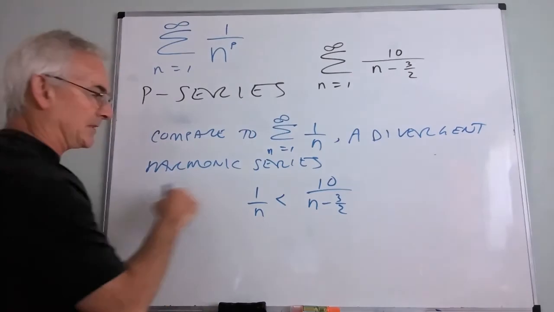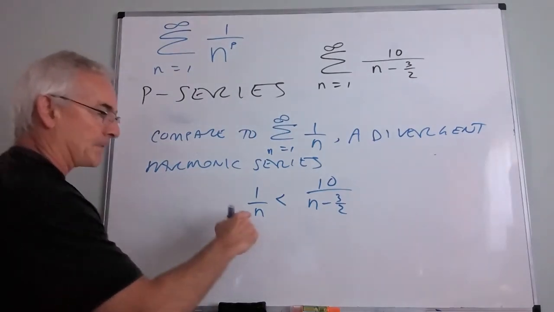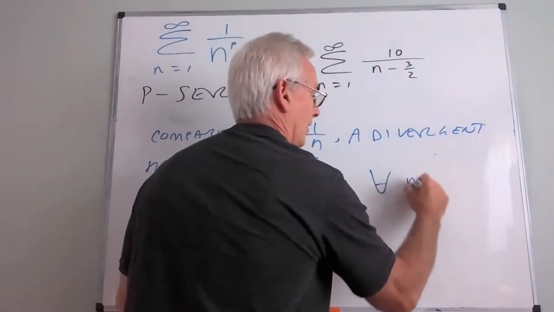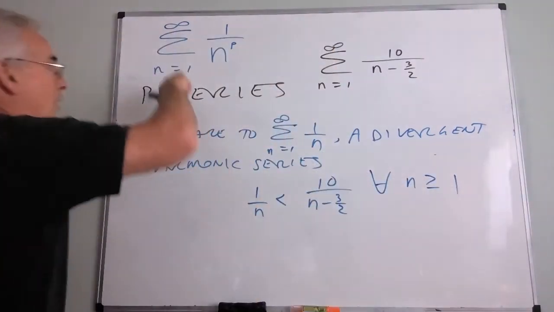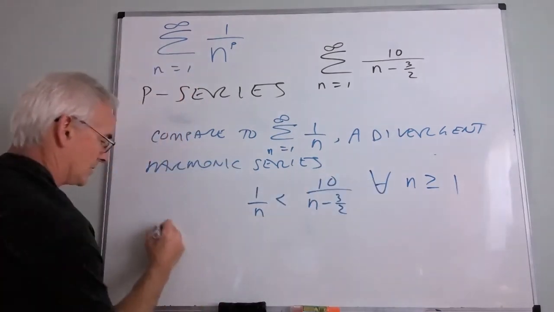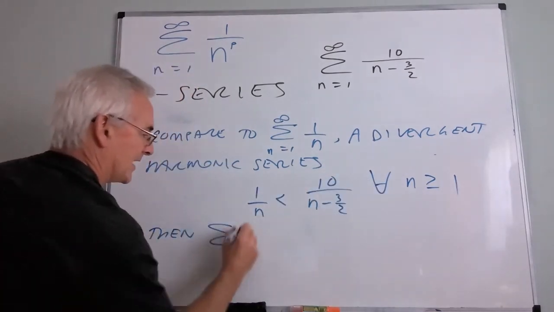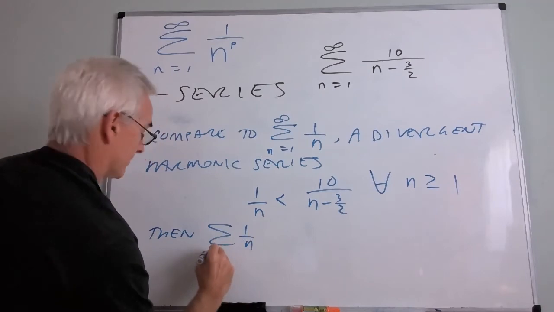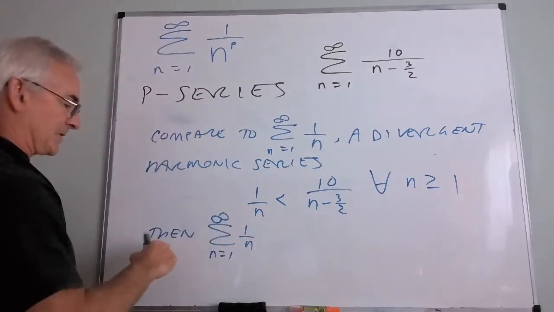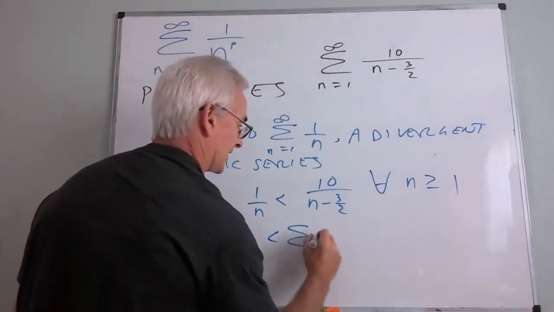By the way, I don't need the 0 at the other end. I'm comparing it to something that's bigger than itself for all n greater than or equal to 1. So if that statement is true, then we can say this statement is true.